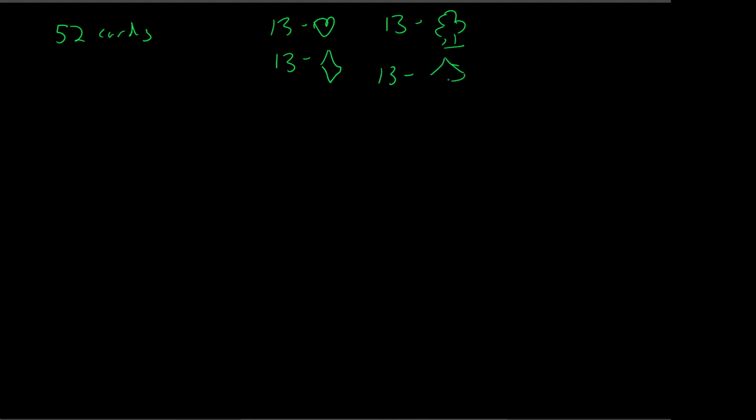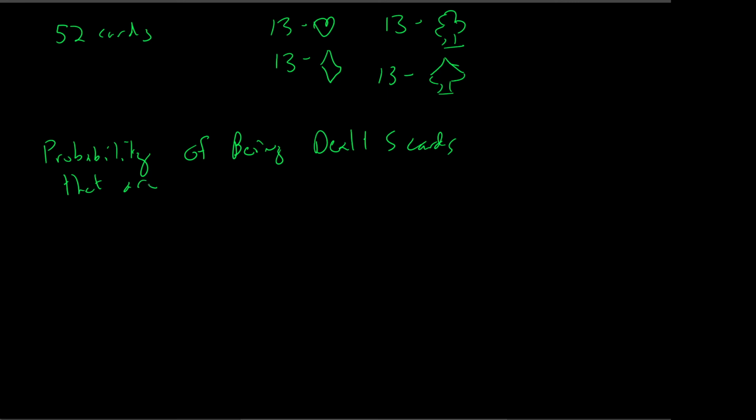And spades. And so there's a particular combination called a flush where you get everything of the same suit. And so we want to know the probability of being dealt 5 cards that are all diamonds.